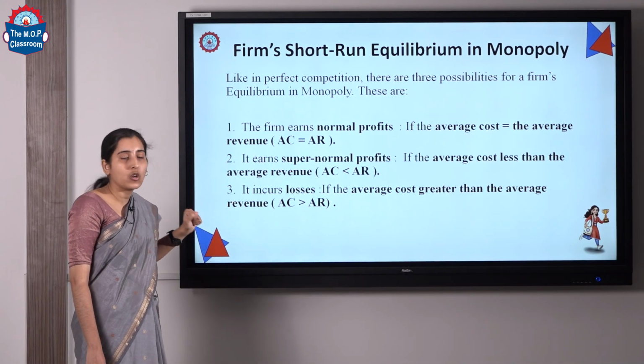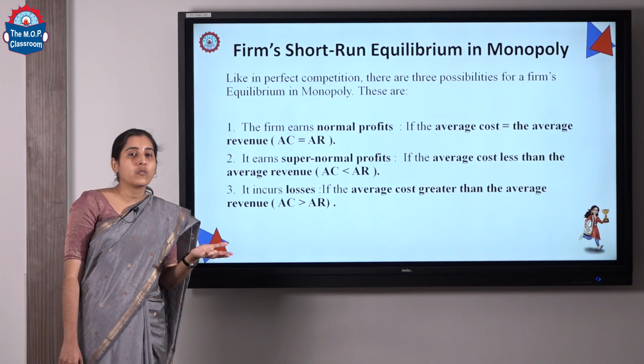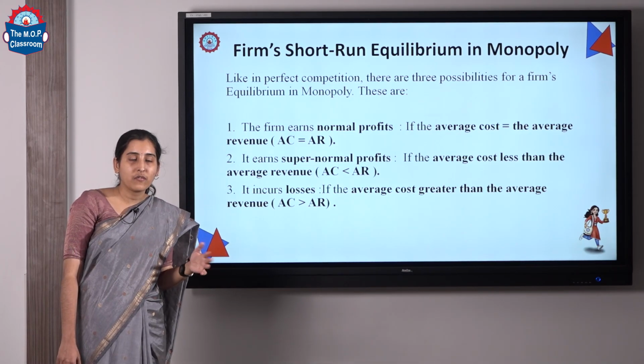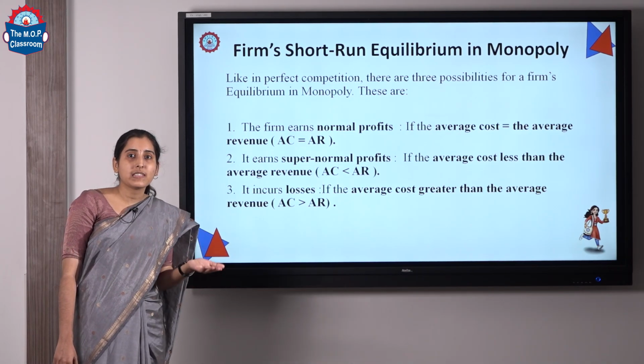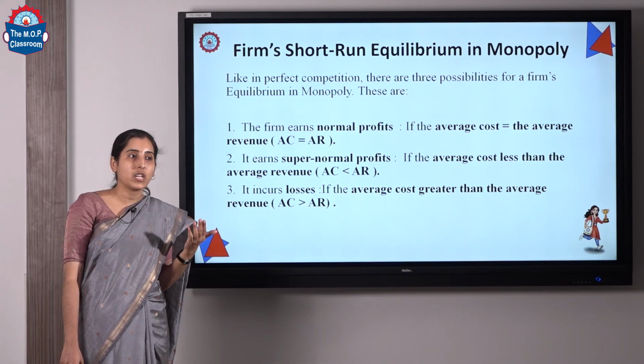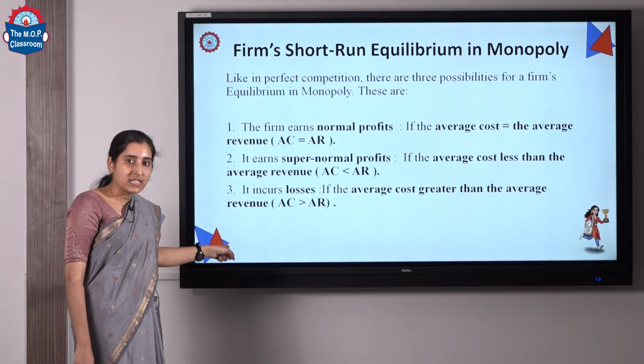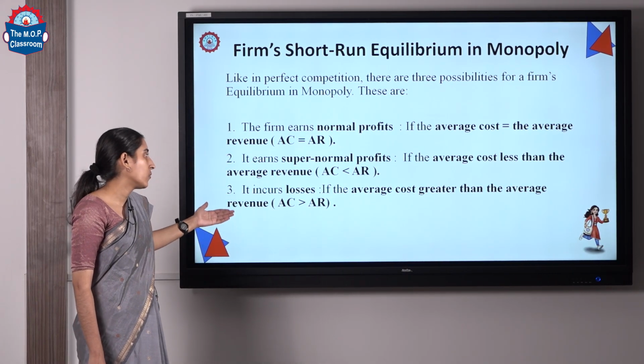When you talk about the loss situation, the cost is more than the revenue. Whenever I am doing production for a product, if my price is not determined at a higher level and my revenue is lesser than my cost, then it becomes a loss to the firm.